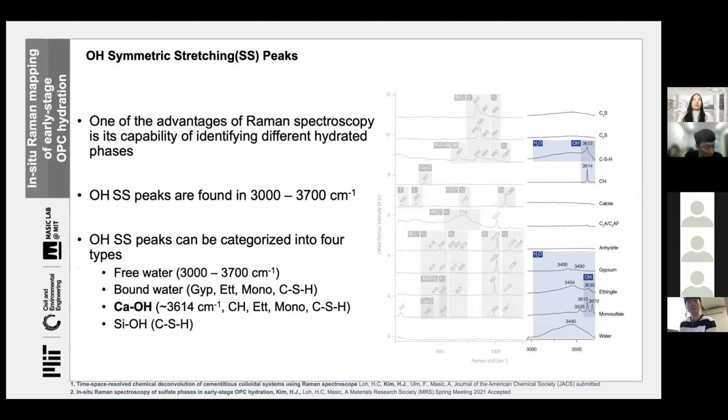One of the advantages of Raman spectroscopy is its capability of identifying different hydrated phases. These OH bonds are found in 3000 to 3700 per centimeter, and it can be categorized into 4 types: free water, bound water, CaOH, and SiOH. In this study, we focused on OH symmetric stretching peaks and CaOH containing phases.